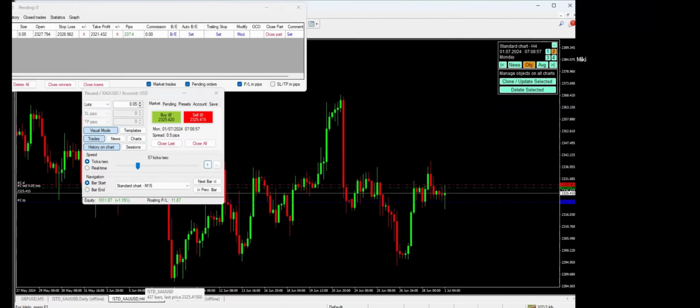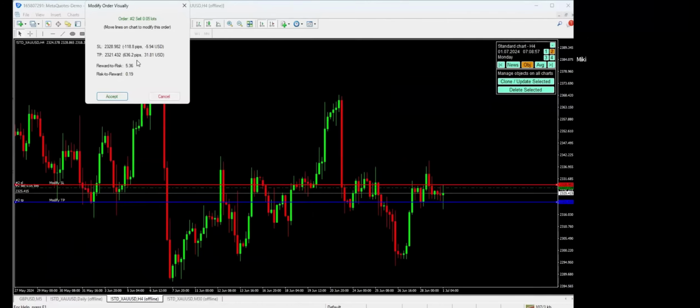And it was a retest. Stop loss is currently 12 pips. And the take profit is 63. And then I'll put in, depends on where I close. Let's keep this thing running.